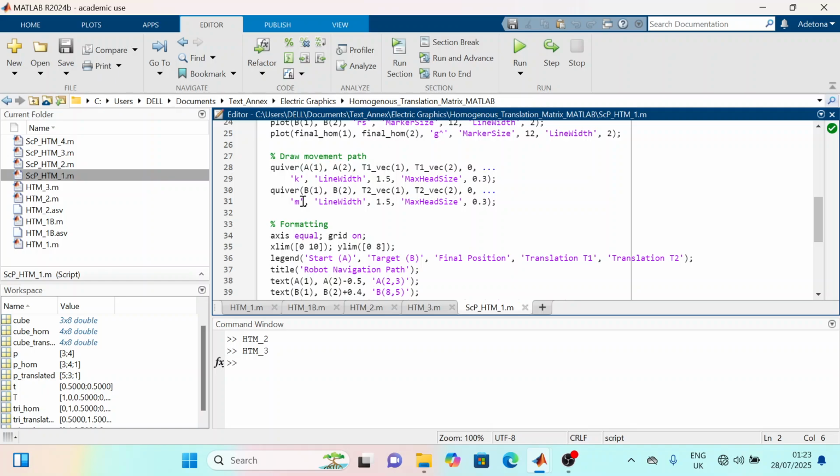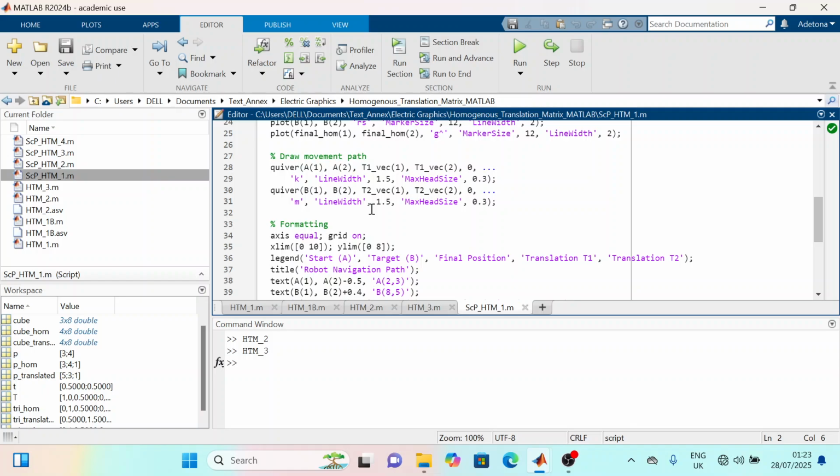Then here for the quiver, which happens to be the point before the robot tries to take another direction so as to avoid the obstacle, it happens to be the particular theta, x for B, y for B, and this is a transitional vector defined, given to us, and these are the information that we need.